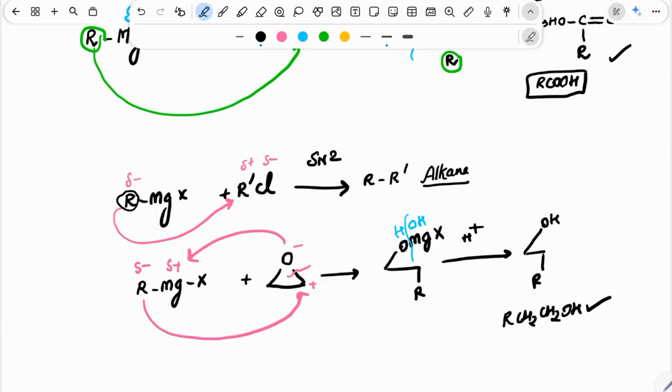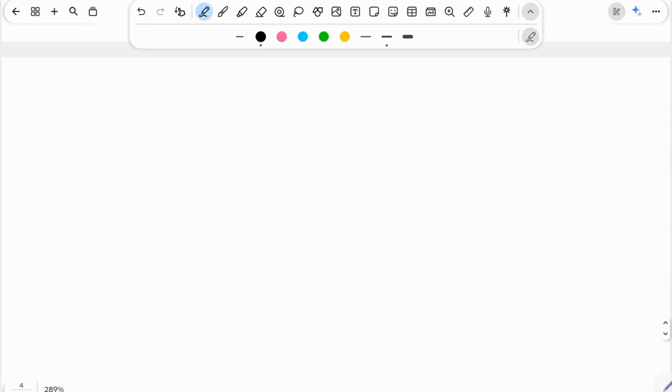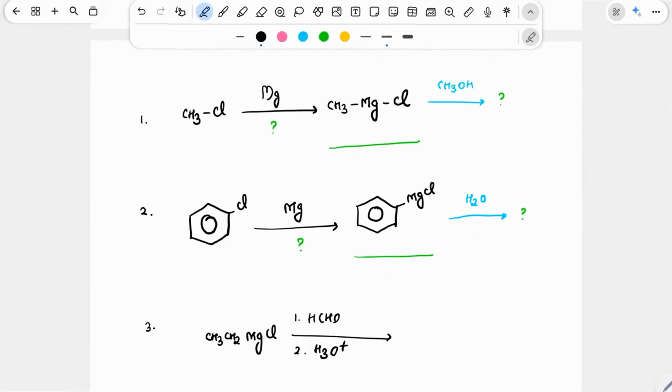This is a very important chemical. This Grignard reagent is around 125 years old, which was prepared in 1900. It's a very important chemical in organic synthesis. We are going to solve questions from this Grignard reagent topic, right?